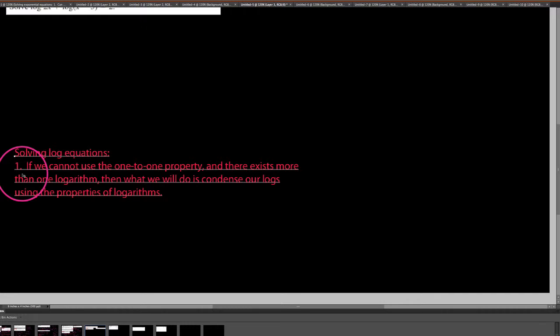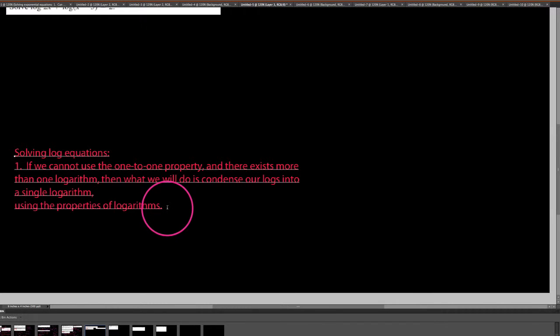So let me go ahead and make an amendment here. We will condense our logs into a single logarithm using the properties of logarithms. Then we'll exponentiate both sides with a base of b.